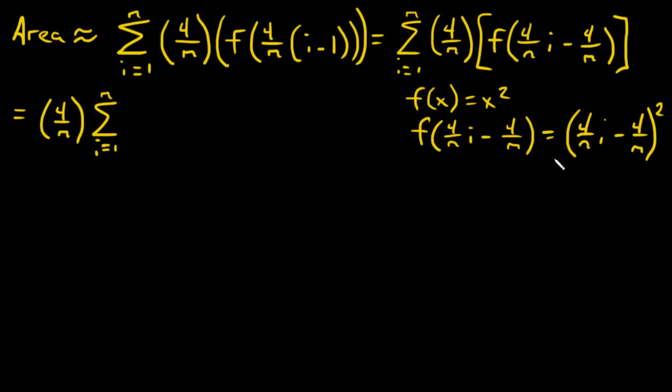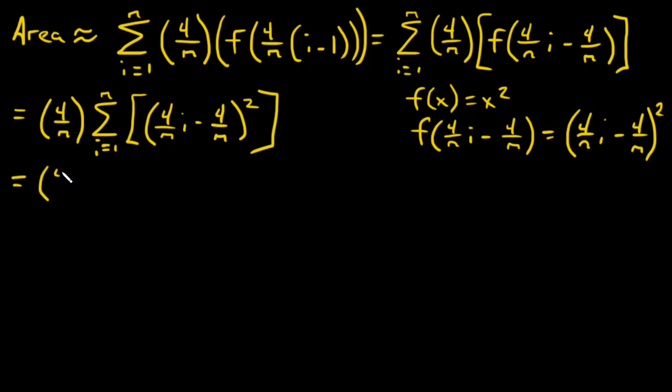Alrighty, so that's what's going to be over here. The height now becomes 4 over n I minus 4 over n, quantity squared. Okay? Now, I'm going to do something to make this look not so horrible. So this is going to be 4 over n summation I from 1 to n of bracket.